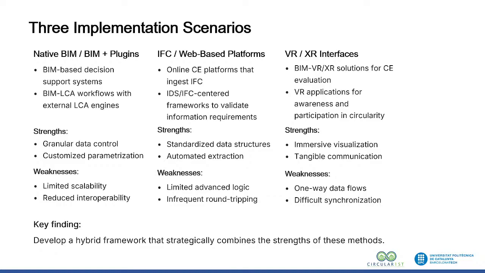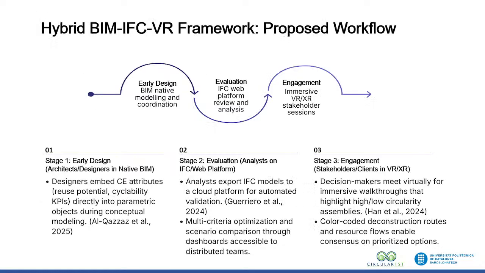The key finding was that what made sense was to develop a hybrid framework that strategically combines the strengths of the three of them: the granular data control of native BIM with customized parameterization, the IFC web-based platform that allows standardized data structures and automated extraction, and the VR part that allows this connection with the stakeholders, with tangible communication and immersive visualization.